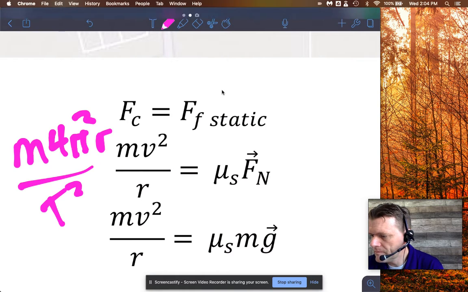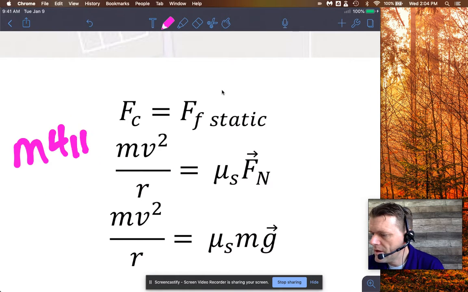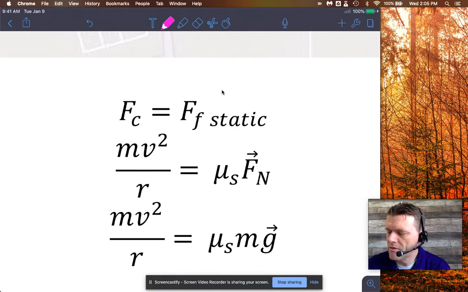The expansion shows mv squared over r will equal mu s, the coefficient of static friction, times the normal force. But the normal force will be equal and opposite the force of gravity. The normal force is always up, and if it's horizontal, that's what I meant earlier, that the force of gravity would be straight down.